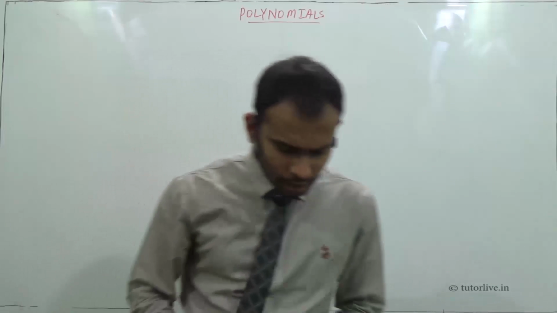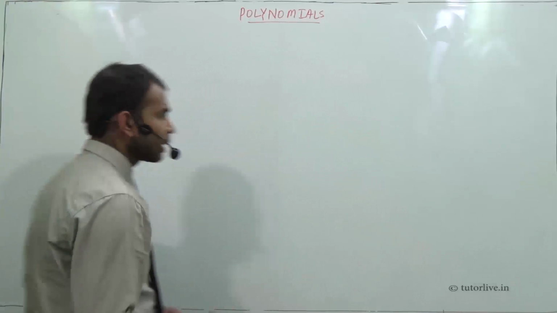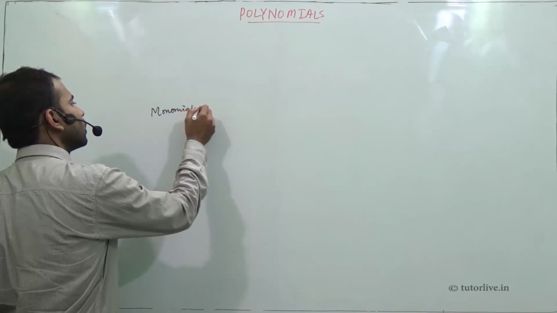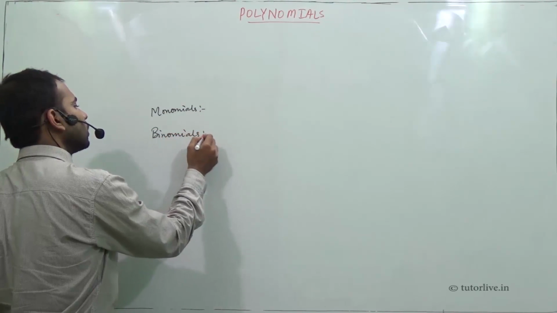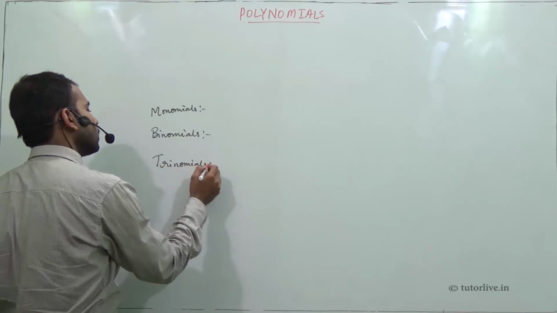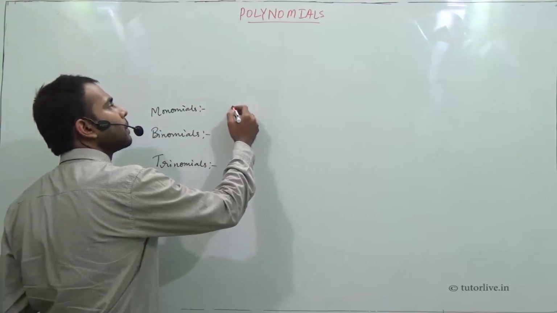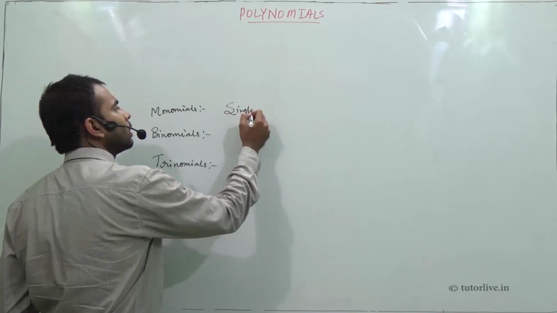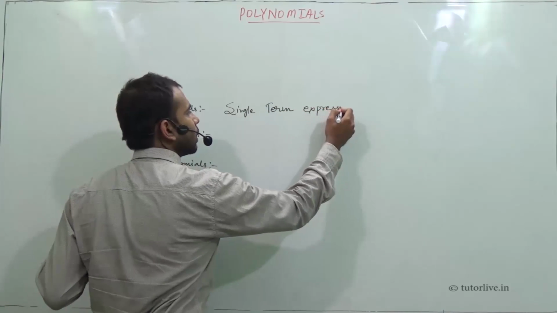Further things that I need to tell you are what are monomials, binomials, and trinomials. So a monomial is a single term polynomial, a single term expression.